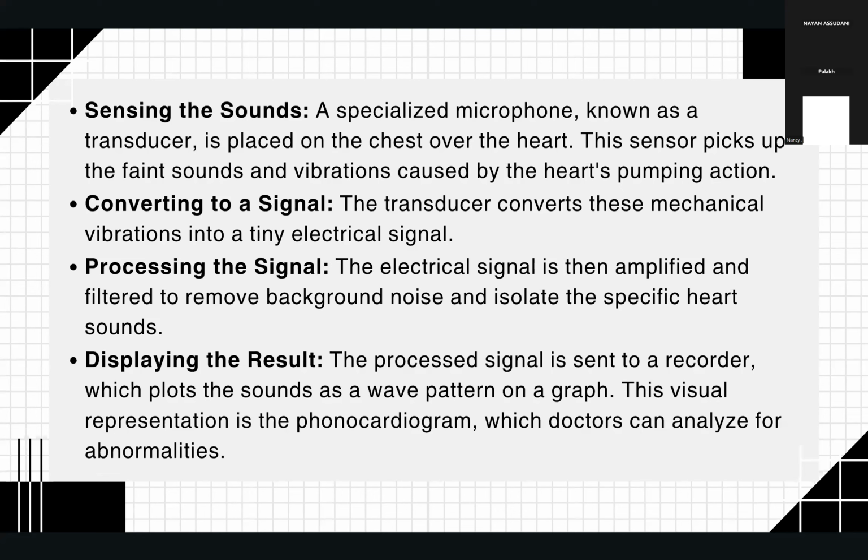Then we have the PVDF sensors, which are special plastic sensors. These are the modern ones, and they can ignore background noise like room sounds and focus more on the tissue's vibration. Then the second step involves converting those sounds into electrical signals. For that, we take help of the piezoelectric effect and electromagnetic induction.